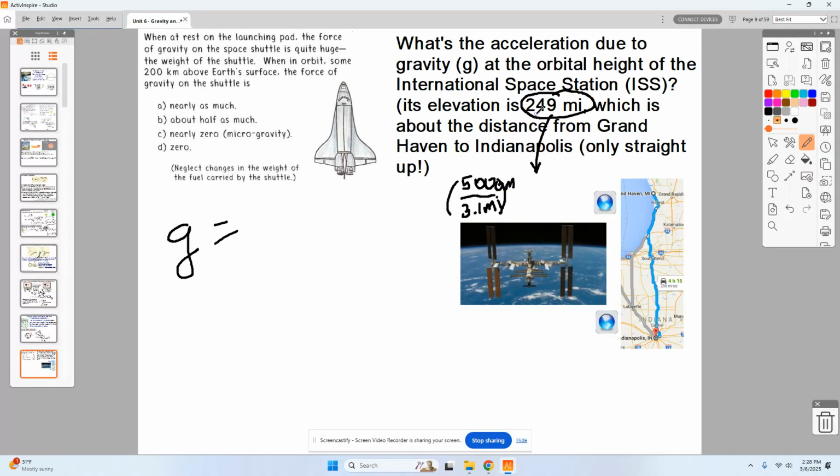So you can do a conversion: 249 miles multiplied by 5,000 divided by 3.1. And so that number, it's 401,000 something, and I don't remember the other portions, but once you do that, do your 249 multiplied by 5,000 divided by 3.1. What is that number for me?